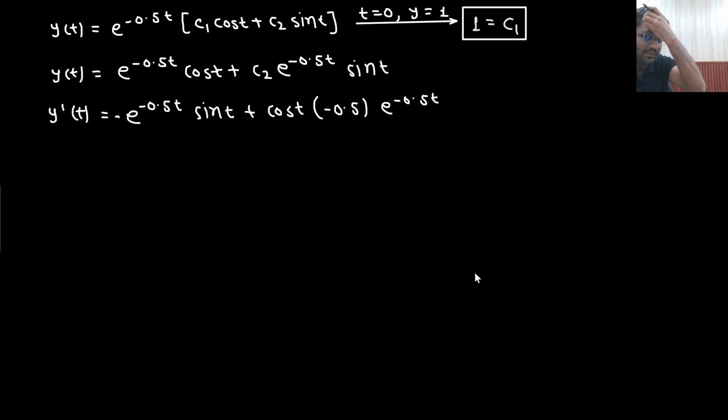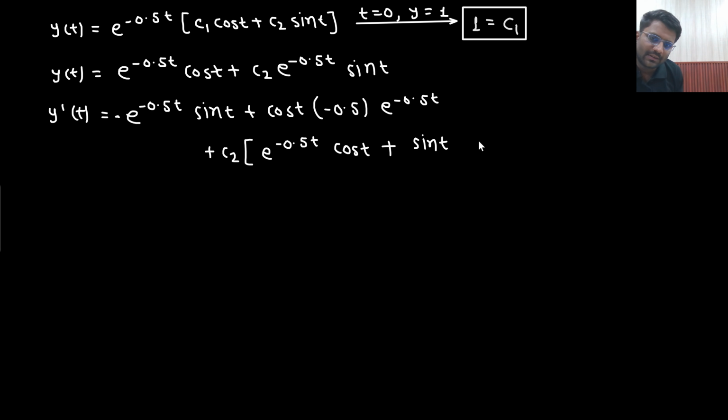Understandable? A bit lengthy calculation. Plus c2 e to the power minus 0.5 t as it is, differentiation of sin t will be cos t, plus sin t as it is, differentiation here will be 0.5 e to the power minus 0.5 t. You just need to differentiate. I hope the differentiation is very easy for you.